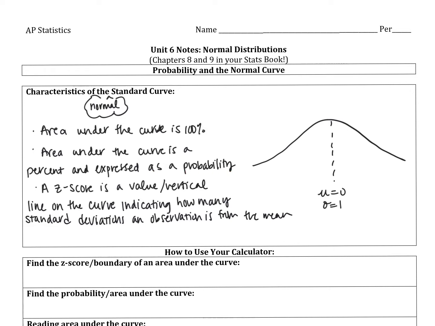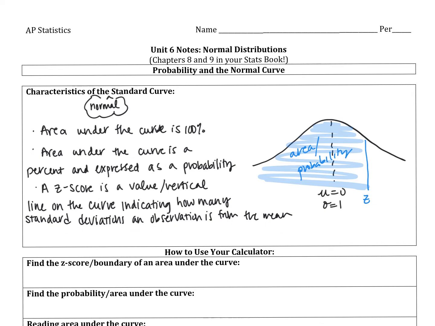So I have a z-score, if it's a standard normal curve, that cuts off a part of the curve, and everything underneath that curve is area or probability. And remember, a z-score is a value or a vertical line on the curve, like so, indicating how many standard deviations an observation is from the mean.